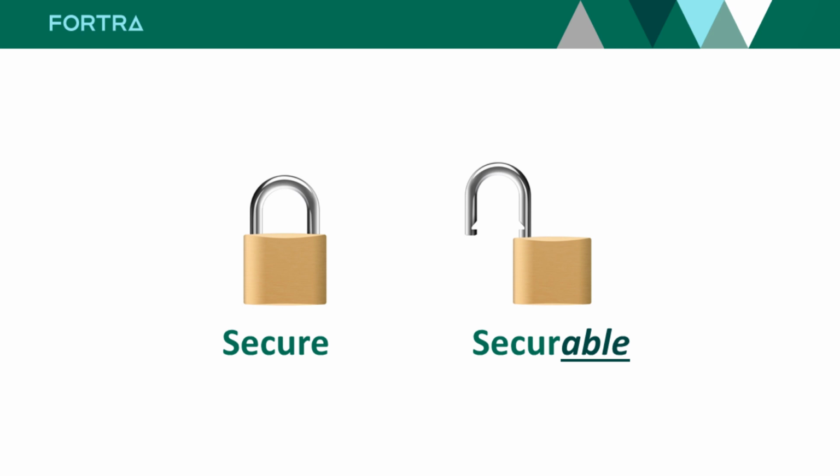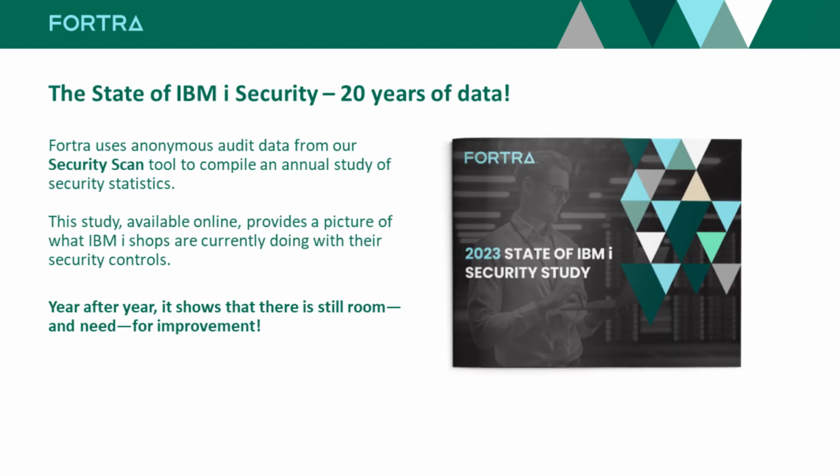Now, you're probably wondering, why does Sandy know that so many people don't take advantage of these security controls? It's because we actually do a State of IBM security study every year. We collect anonymous audit data from customer systems with our security scan tool, and we compile those statistics of what we see on customer systems, not us guessing what people are doing, but actually looking at what those configurations are on servers, and we are compiling it into our report.